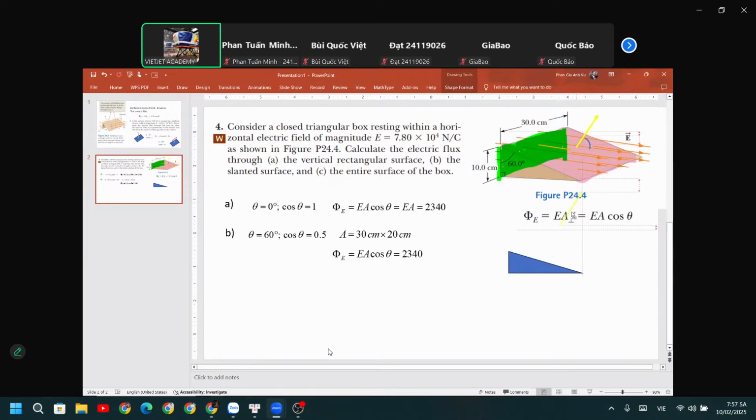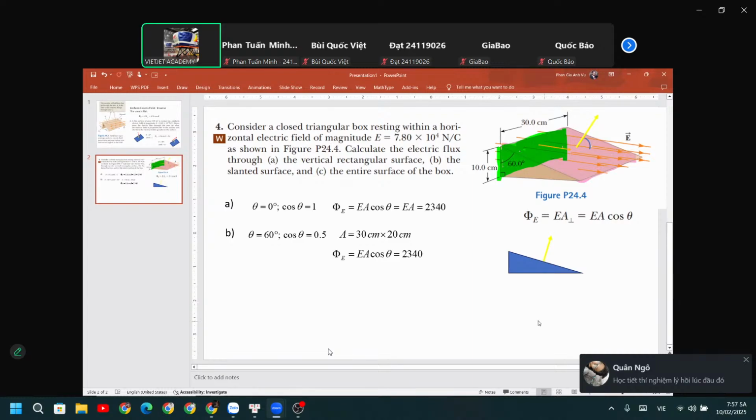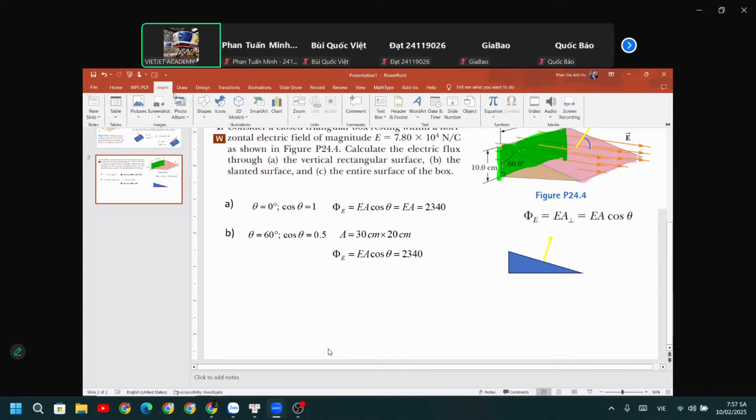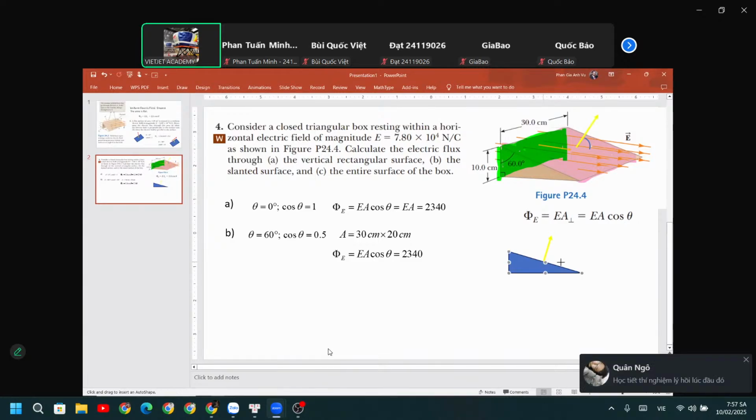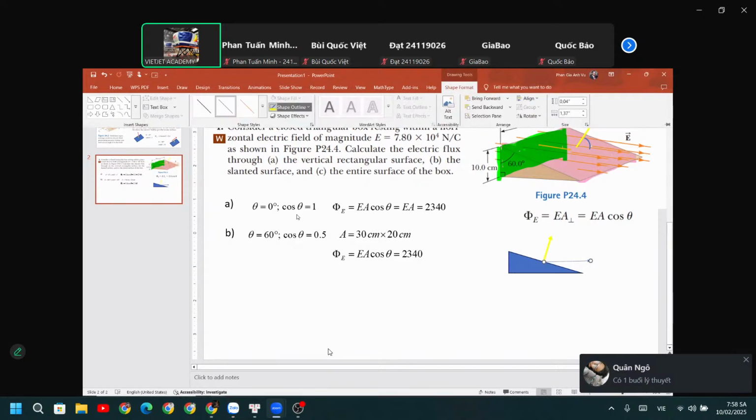You have the normal vector here, the perpendicular to the slanted surface, right? The electric field is this vector. I draw it in red.